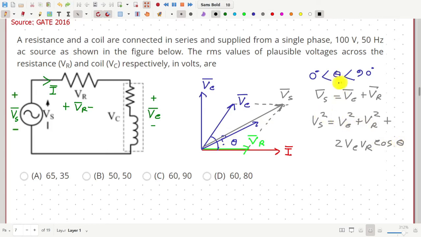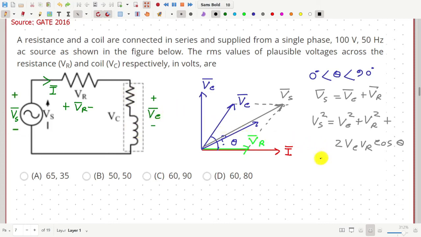Now theta is strictly greater than 0 and strictly less than 90 degrees, because we are assuming the coil resistance is not strictly 0 and the coil inductance is of course not equal to 0.